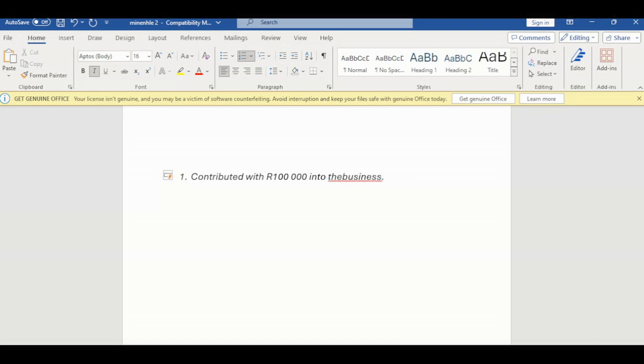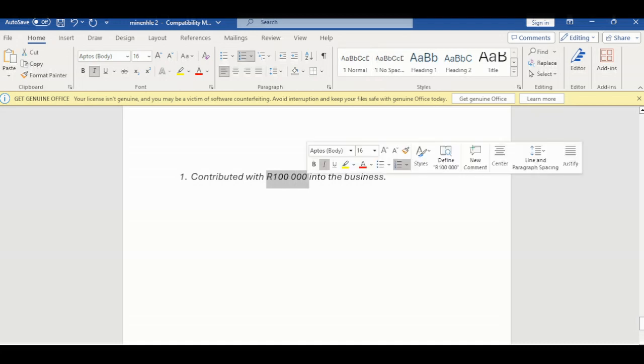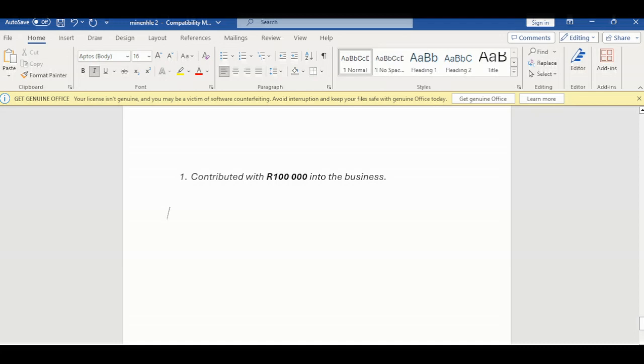Okay, let's just analyze this transaction. It's representing the inflow of money into the business. So the business receives money from the owner because the owner took 100,000 and deposited it into the bank account of the business.